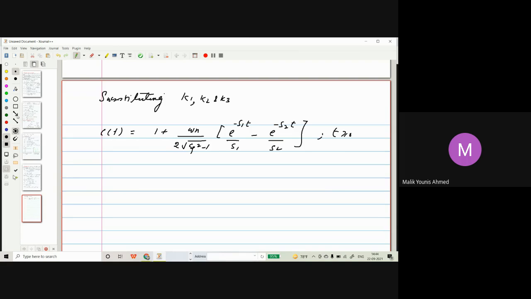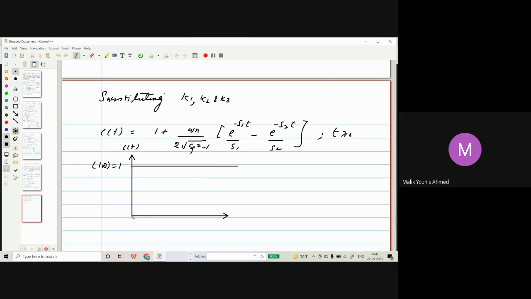We'll draw the response of this one. Initially it will be 0, there will be no question at all, and then finally it will settle down at 1. So this is your response for overdamped, and we'll put the steady state value C of infinity equal to 1. E raised power minus infinity is 0, multiplied by this thing will be 0, and it will be left with 1.